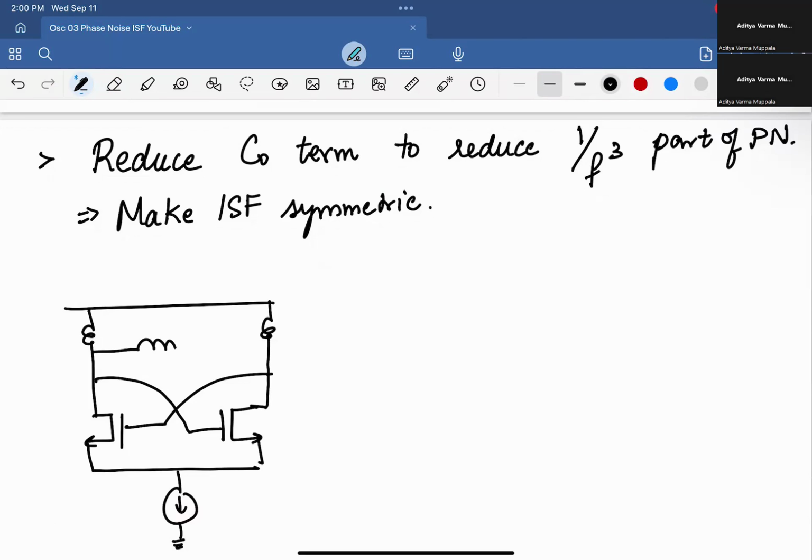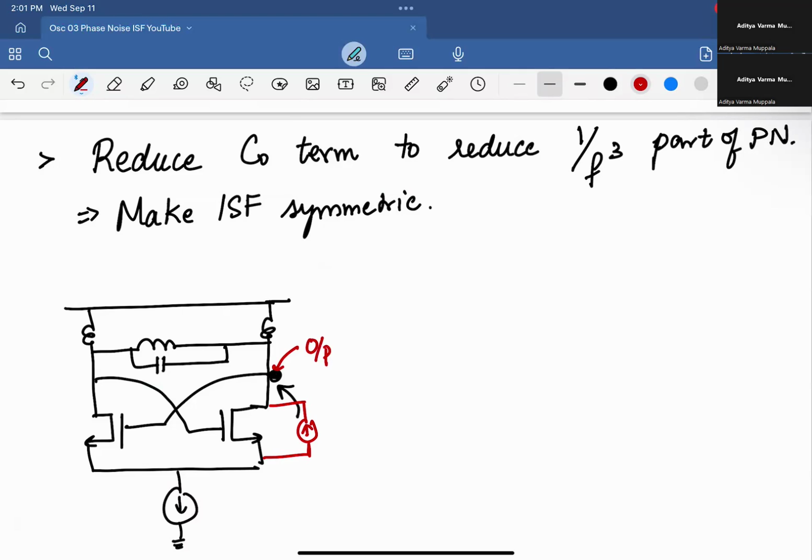Okay, and let's say I have an inductor and a capacitor here, my tank. Right, so you can actually show that this one doesn't have a very symmetric ISF with respect to this node here. So whenever you say ISF, you have to specify which node you're looking at and which current source you're looking at, right? So here I'm talking about this current source, right? And this output node.